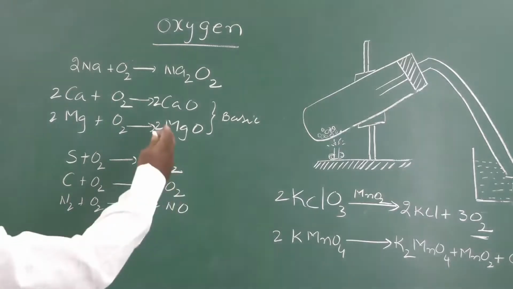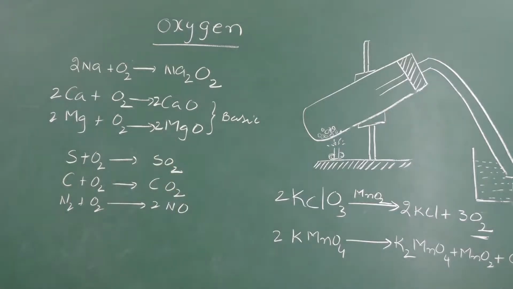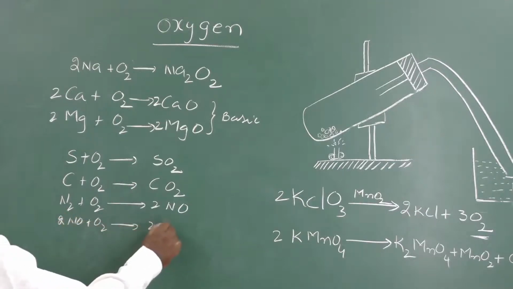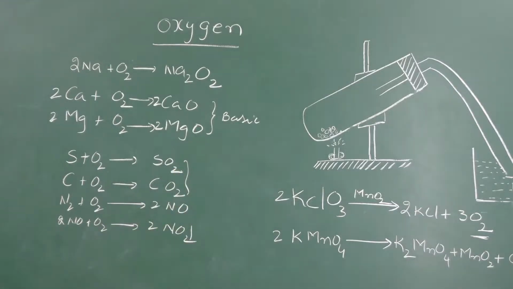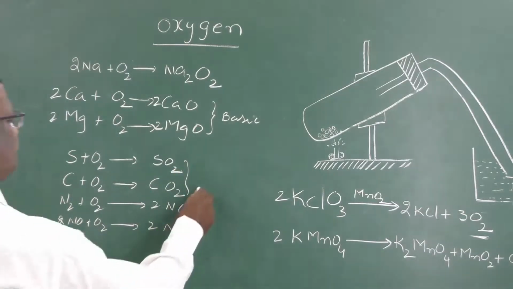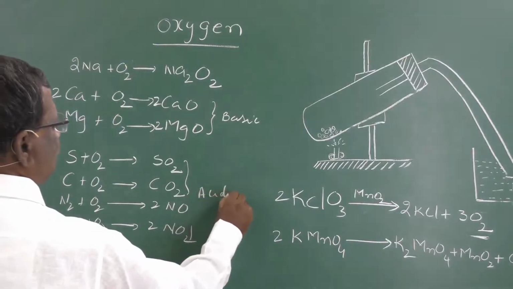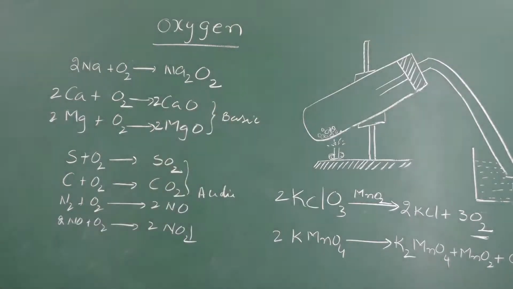The nitric oxide is further oxidized to give nitrogen dioxide. All these oxides are acidic in nature. Metal oxides are basic in nature, non-metal oxides are acidic in nature.